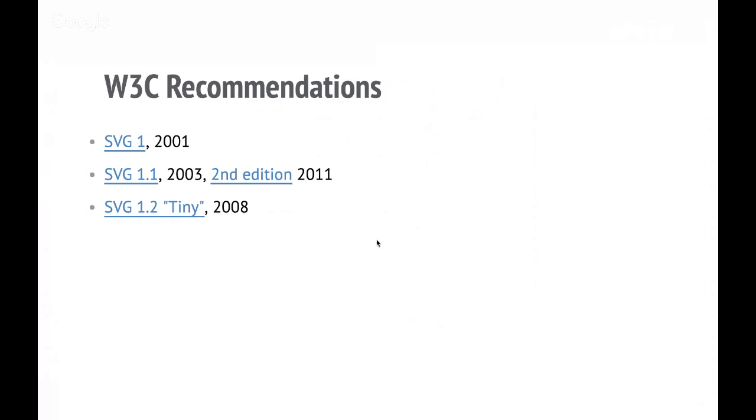There was a second edition of that more recently. W3C spent a bunch of time working on SVG 1.1 and 1.2 tiny. These were profiles designed primarily for mobile phones because many mobile phones of that era, so long ago, were shipping with SVG on top of them. Next slide.